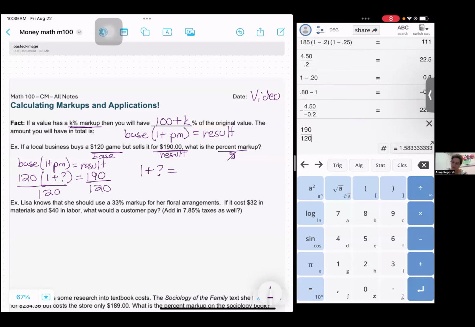But remember, we're actually going to be putting this into a percent form, so I'm going to need to multiply by 100 or move that decimal over, and we get 58.3 repeating percent markup. Ooh, that's more than a 50% markup. Hoo-wee, look at that. It's quite the markup.